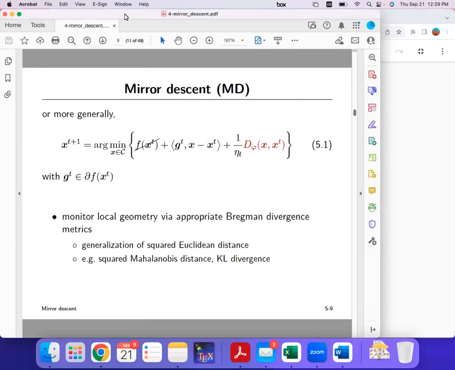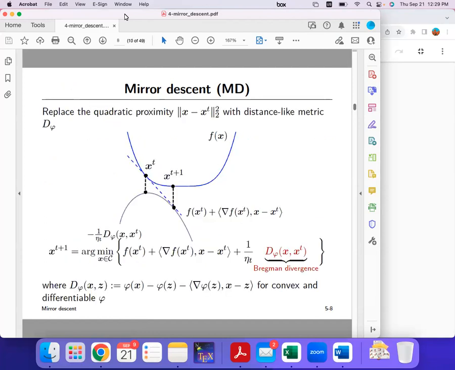So last time we talked about the mirror descent method. This is the main idea. At x_t in every iteration we build an approximation model for the function.